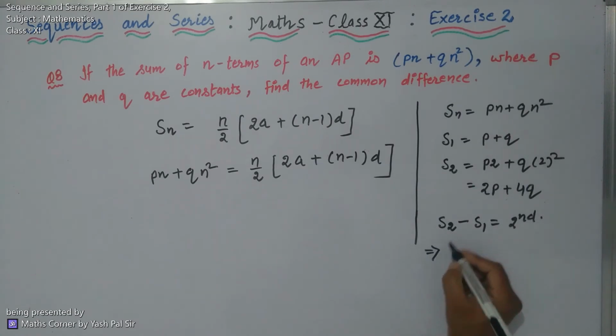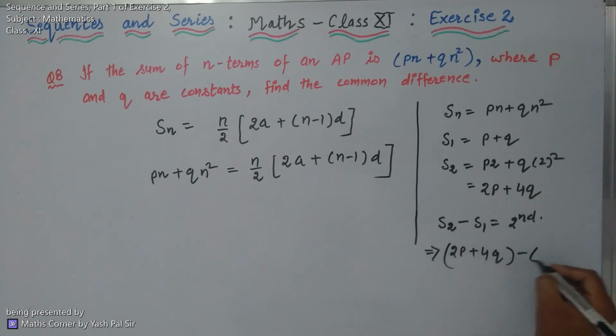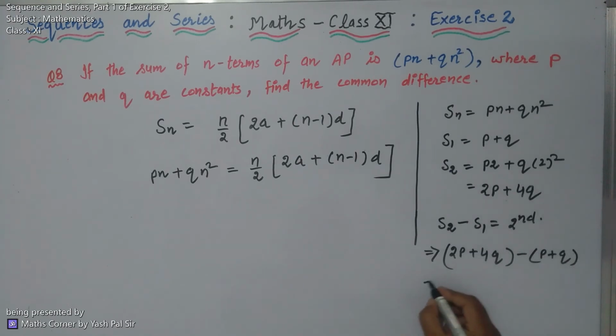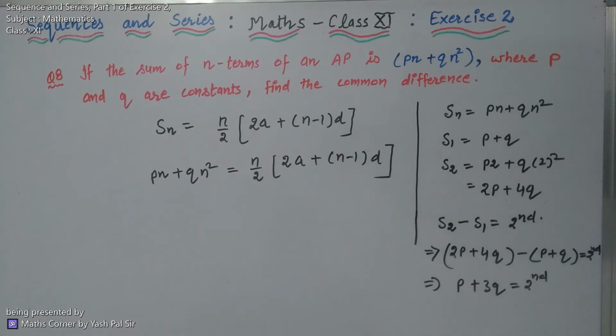So we can find here S2 is 2P plus 4Q minus S1, which is P plus Q. That means 2P minus P, P, plus 4Q minus Q, 3Q. This is equal to the second term. This is the second term, right?